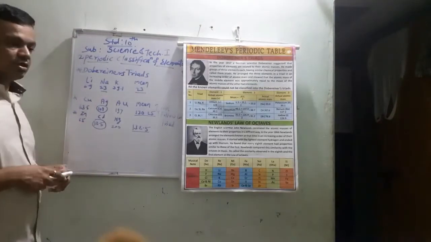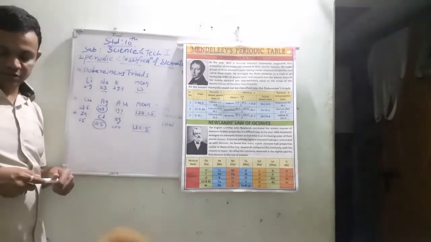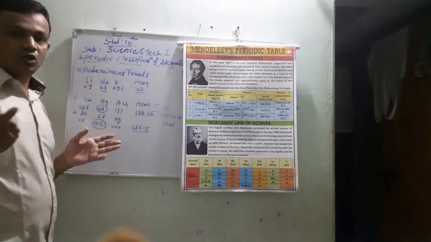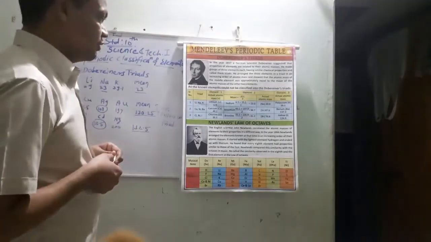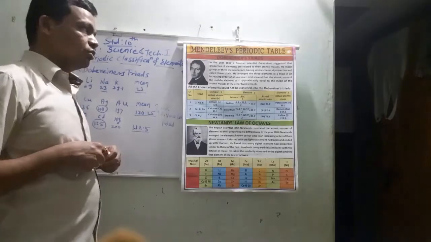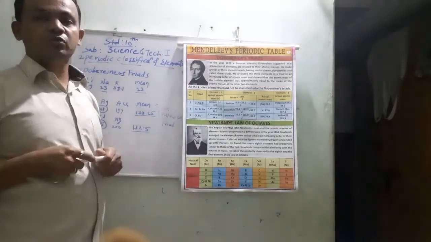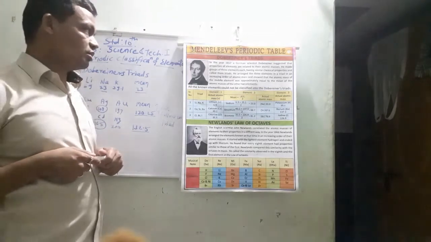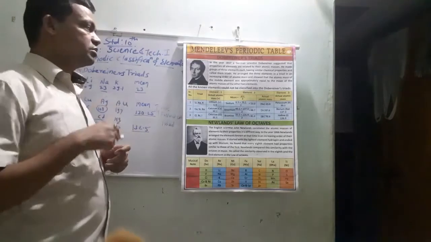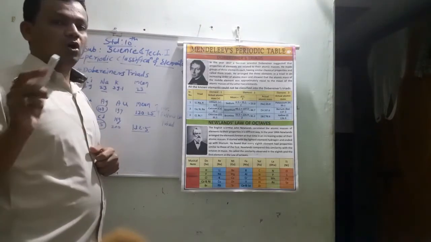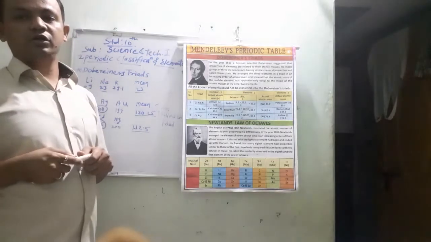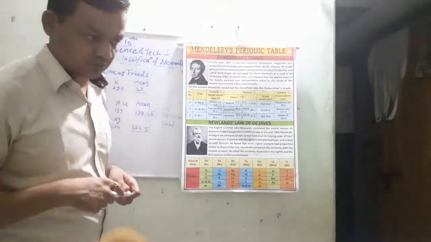So this is a drawback of Dobereiner's triad. So which are the drawbacks of Dobereiner's triads? First, all the known elements could not be classified into triads. This is the first demerit or drawback of Dobereiner's triad.